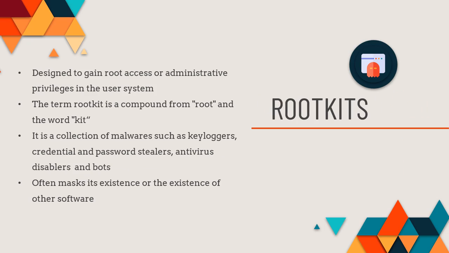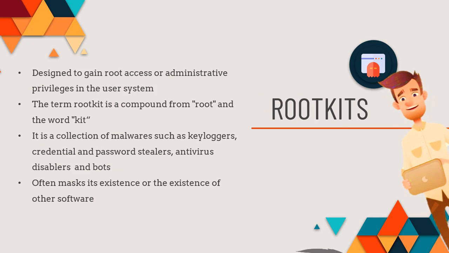Then the final one we are going to see is rootkits. Rootkits are programs designed to gain root access or administrative privileges on the user's system. You may have noticed that when you are trying to install a third-party app on your computer system, there is a small message displayed: install as administrator.